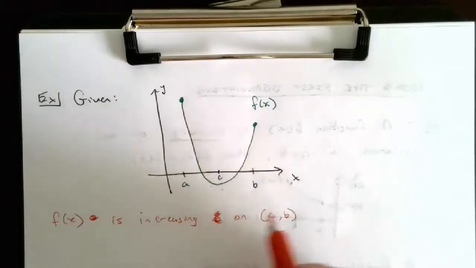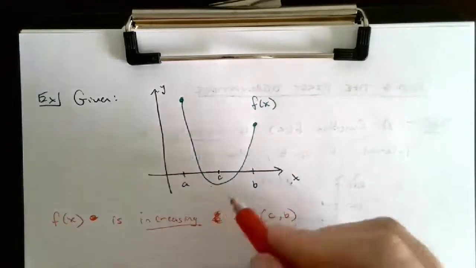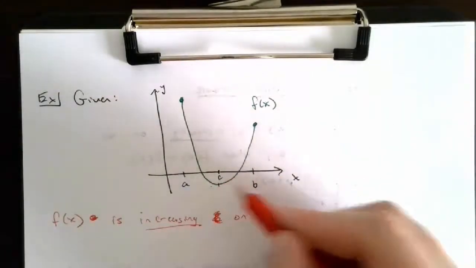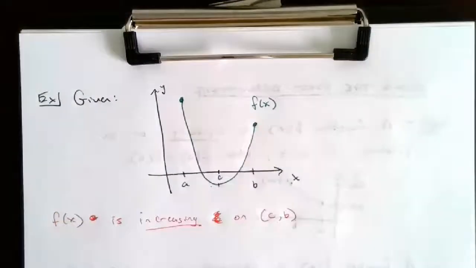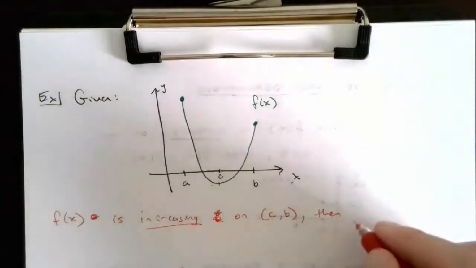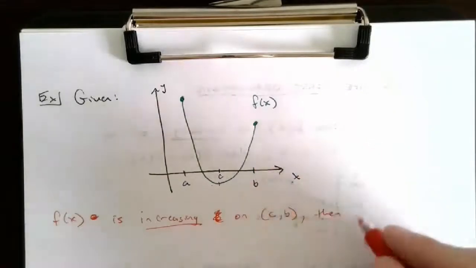And notice I don't use the endpoints when I talk about increasing or decreasing. I'm just talking about the intervals where it happens. From here to here, it's increasing. At the actual points, it's not doing anything. It's over the interval that it's increasing. Then, what can you tell me about the first derivative? If this is increasing, the slopes of the tangent lines will be positive.